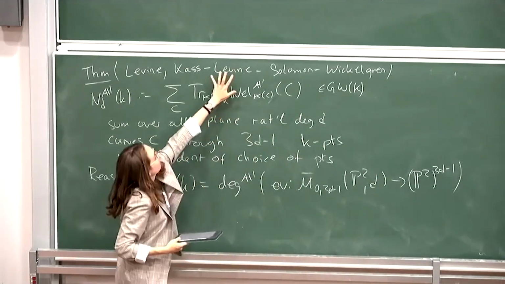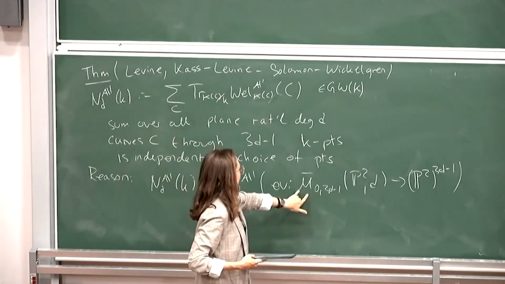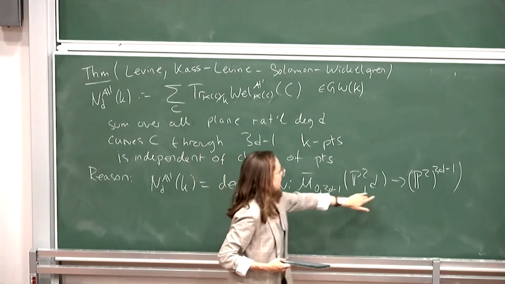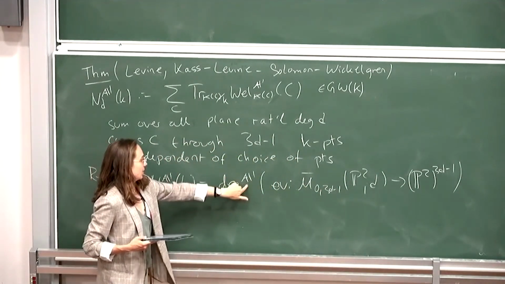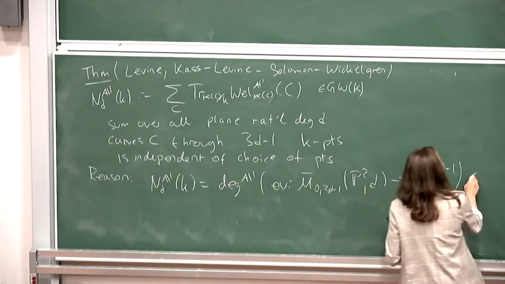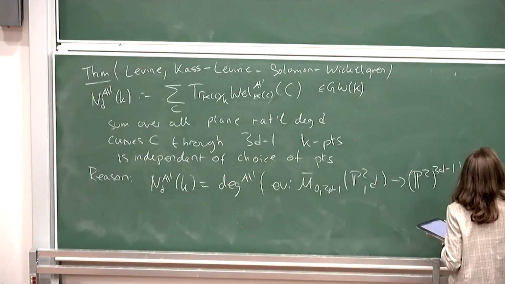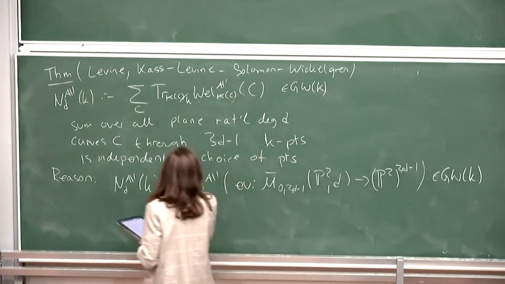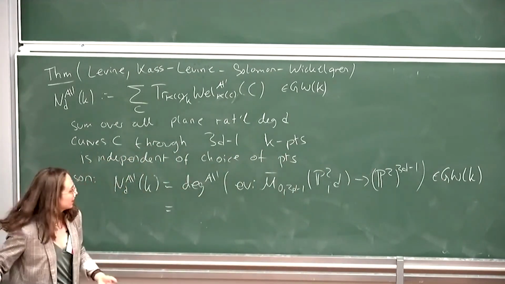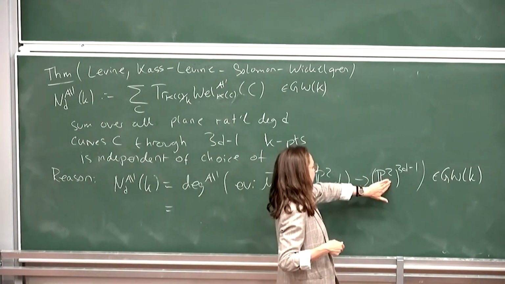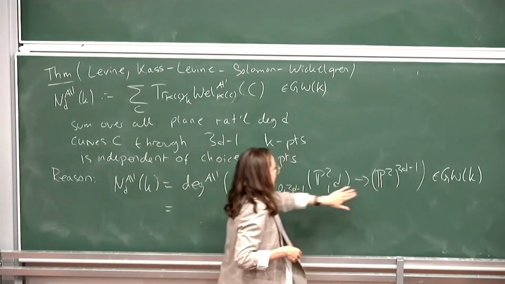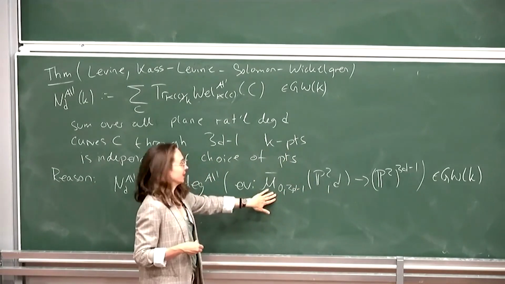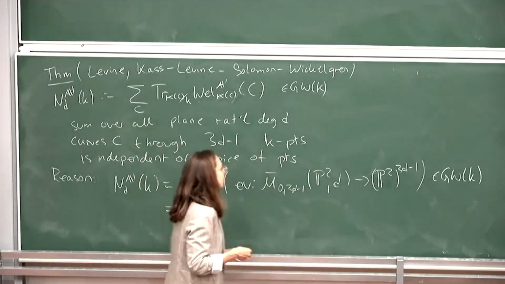So this paper here shows that this evaluation map has a well-defined degree, which lives, as a degree usually does, in the Grothendieck-Witt ring of k. But also, now we can take a configuration of 3d-1 k-points here and look at the pre-image in here, and this will be exactly the curves through these points.